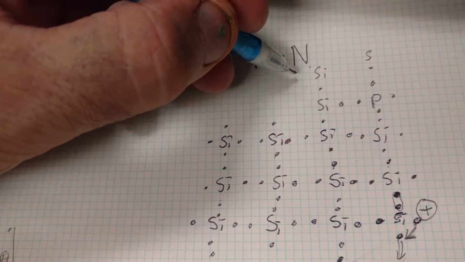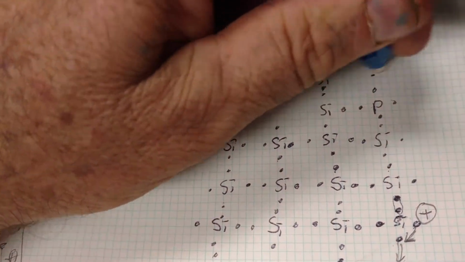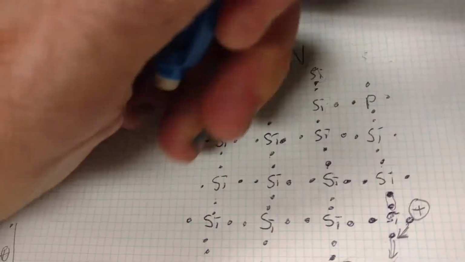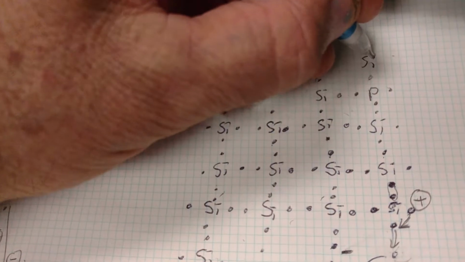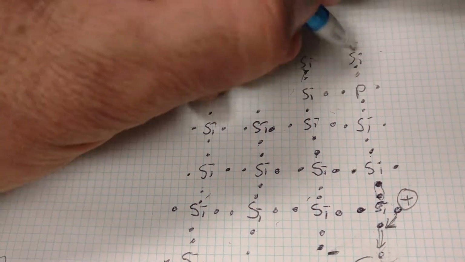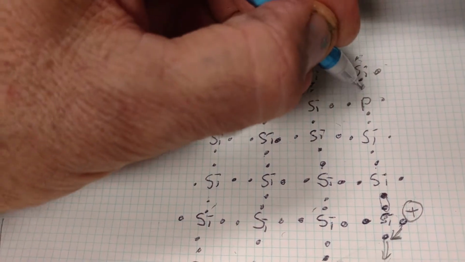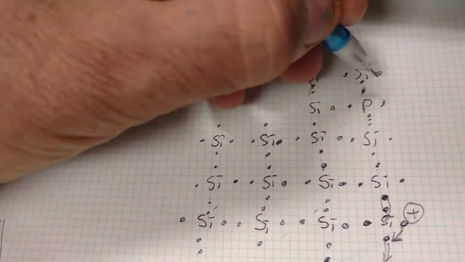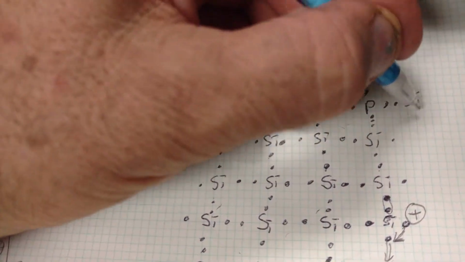Oops, my lattice is starting to get funky. Silicon has 4. Phosphorus has 5. I'm showing 4 here, making the bonds with the neighboring silicons, which have their 4.